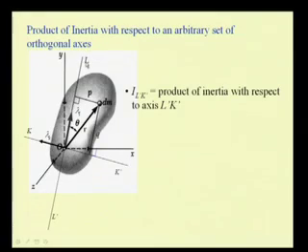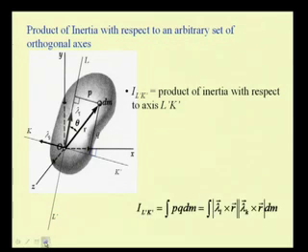So, for this elemental mass dm, p and q are the perpendicular distances from these two orthogonal arbitrary axes. So, now we are interested to find the product of inertia with respect to these two orthogonal axes, that is L and k. So, we are interested to find this IL'k', which is equal to the product of inertia with respect to these two axes. What is the product of inertia with respect to these two axes?